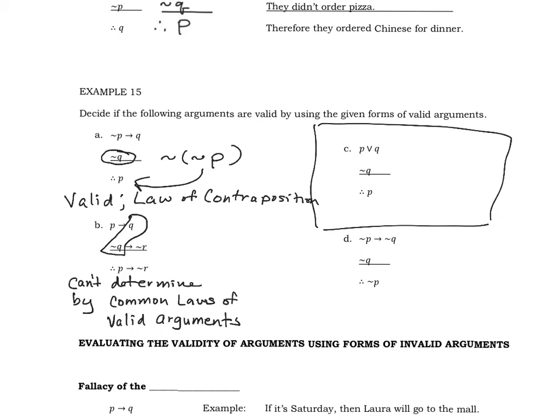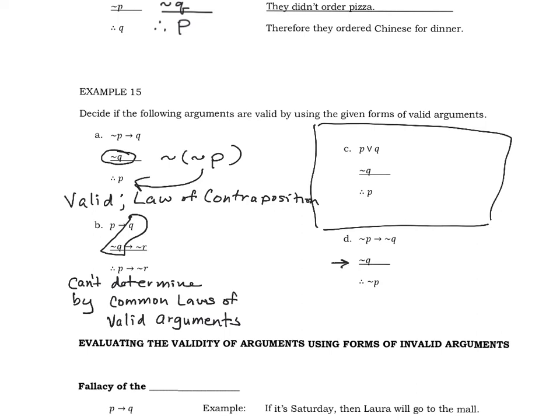All right, so let's look at D. I have if not P, then not Q. And then we have not Q. Well, does that follow, and then therefore not P? Does that follow any of our laws? Well, certainly not law of detachment. Law of contraposition, it would have to be the opposite of the not Q, right?